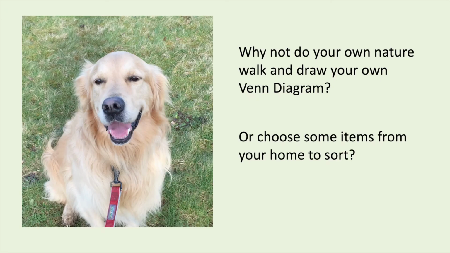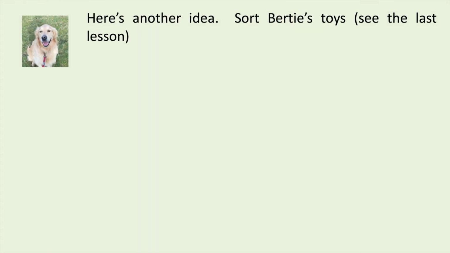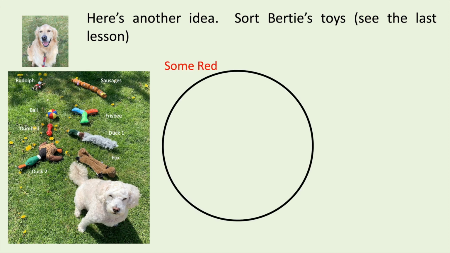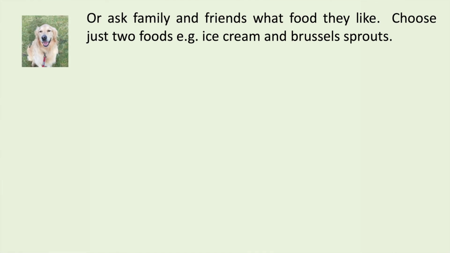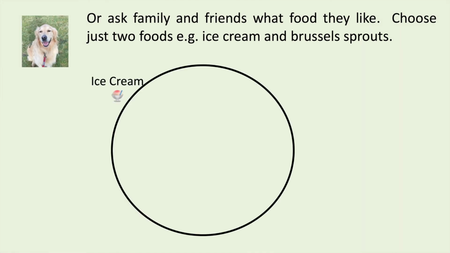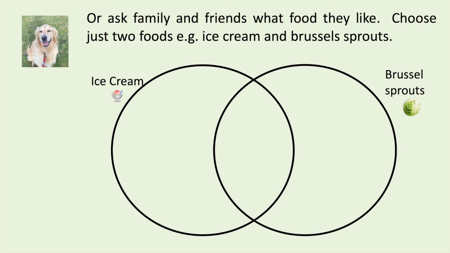See if you can draw your own Venn diagrams and send me your pictures. Here are some ideas. Sort Bertie's toys from last lesson into some that are red and some that are animals. Ask friends and family what foods they like. I suggest you choose just 2, but you could extend it to 3.